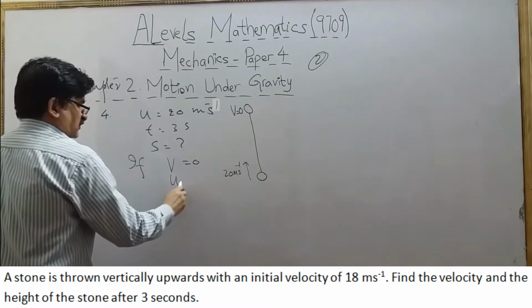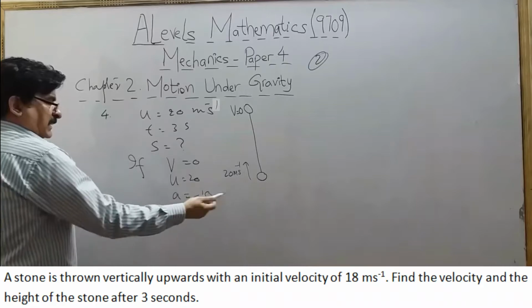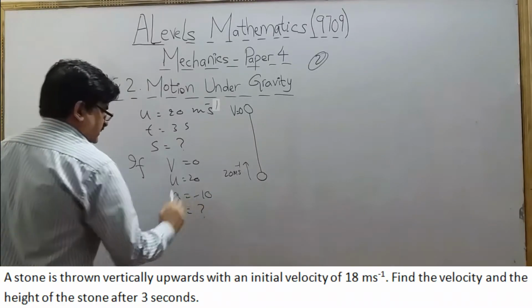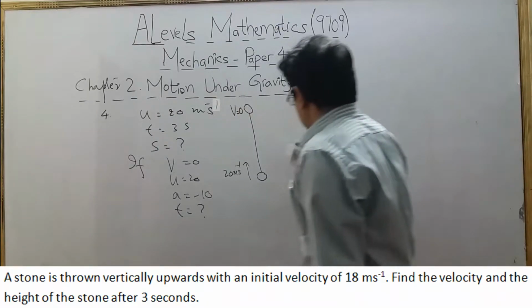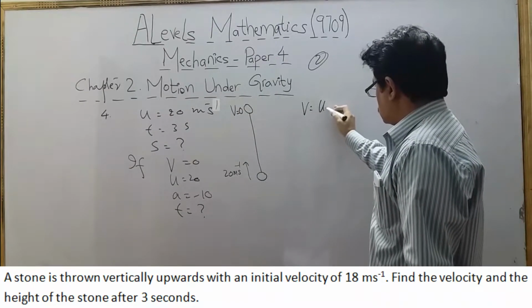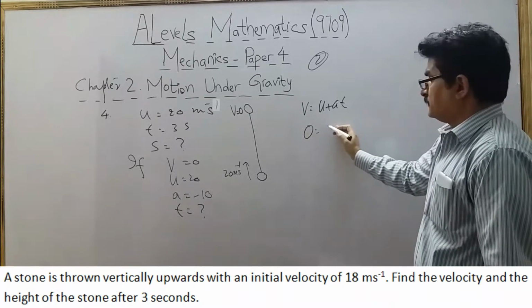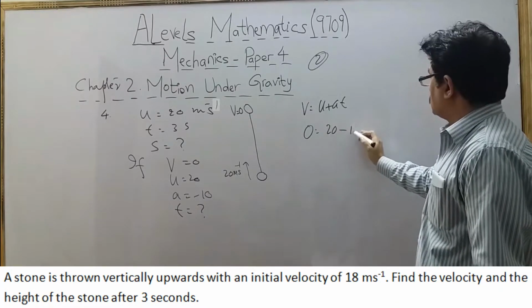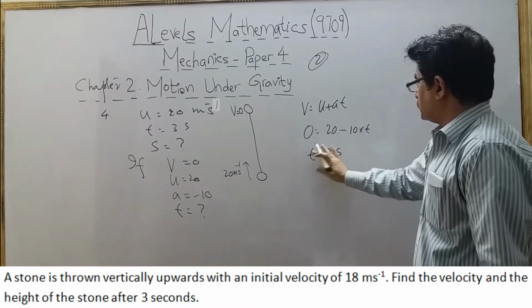If v is equal to 0, u is already 20, so upward motion a is minus 10. I want to find what's the time for the highest point. So now applying v is equal to u plus at. Putting the values, 0 equals 20 minus 10 into t, you get t is equal to 2 seconds.